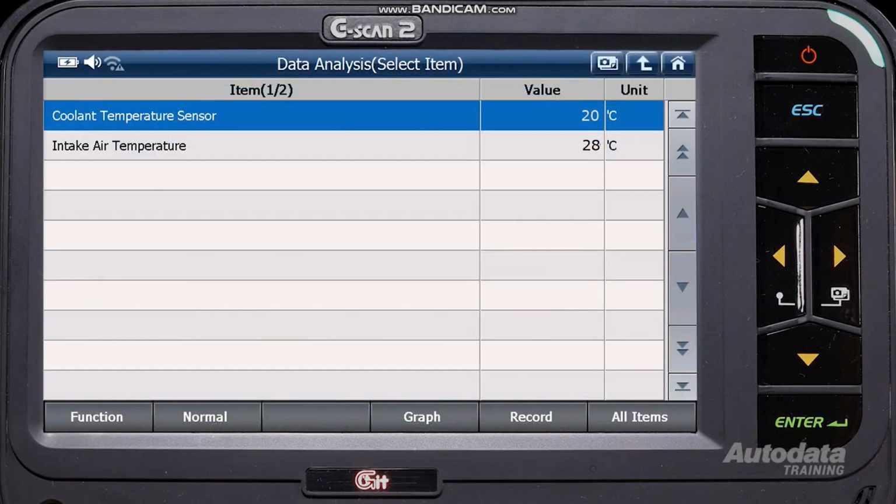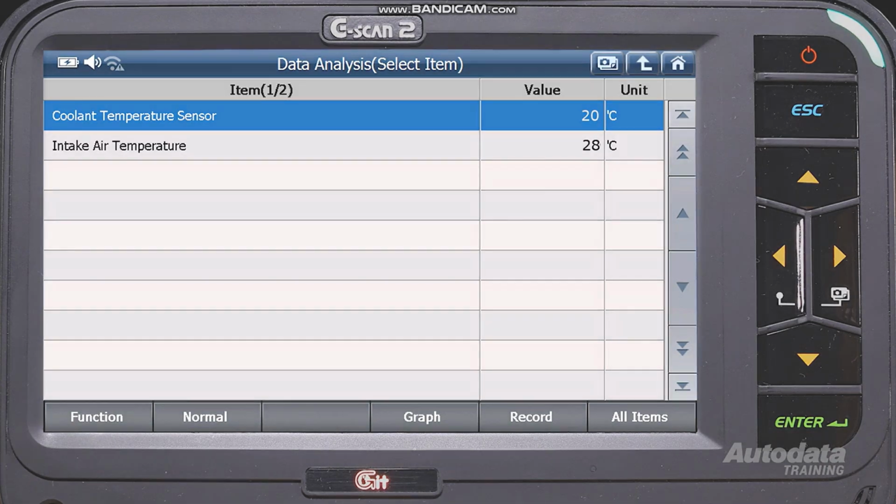If the readings were like this on a cold engine, then it indicates a fault. A DTC will not usually set under these circumstances because the IAT sensor is still within its voltage limits. The customer, however, may be complaining about poor performance or excess fuel consumption.